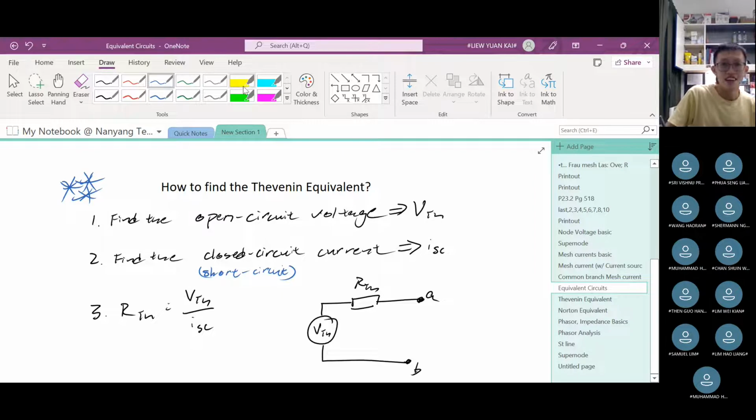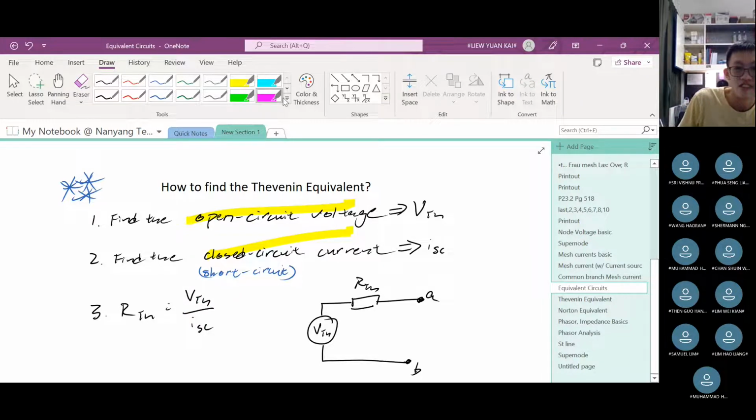This is very, very important. I'm going to repeat again. First, open circuit voltage. Second, closed circuit current. Third, using the answers from step 1 and step 2, you just divide. So to find the Thevenin resistance, you take V over I. Looks like Ohm's law because it is. So V over I, and you get your Thevenin resistance.